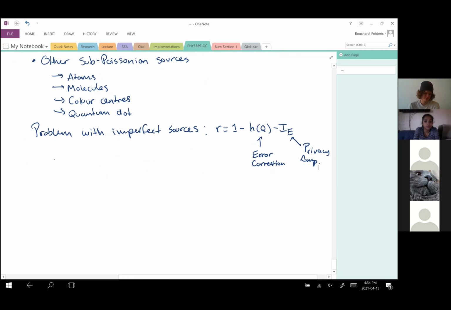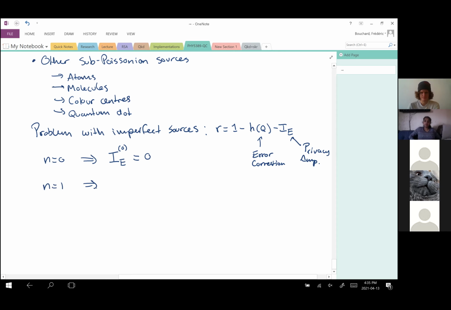First one, if you get a 0 photon state, because if you have a coherent state, some of the time it's going to be in a vacuum state, a 1-photon state, or a 2-photon state. So you have 0. Let's look at Eve's information. Eve has no information. If you send a vacuum state, there's no information in there. Eve doesn't have access to this. By the way, even if you have a perfect single photon source, you always have these events, but that's one case.